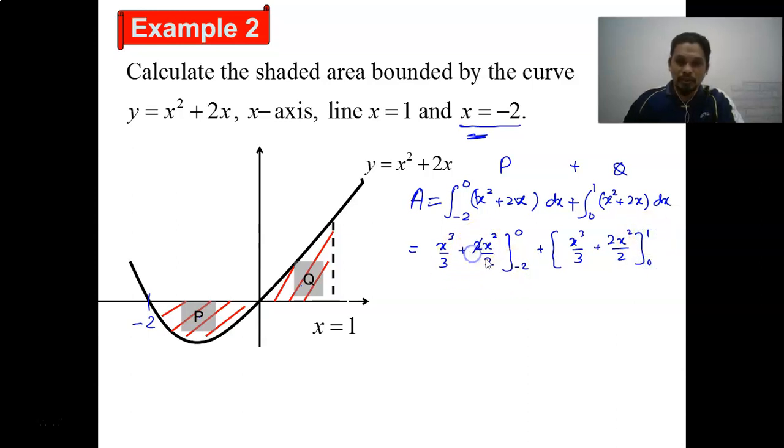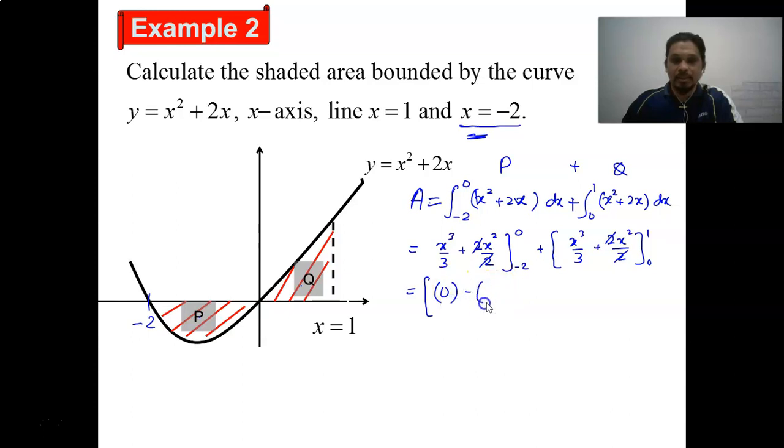So 2 divided by 2. And now, for the first one here, we substitute x with 0. So 0 cubed equal to 0 divided by 3 is 0, and 0 squared is also 0. Make it 0 here.